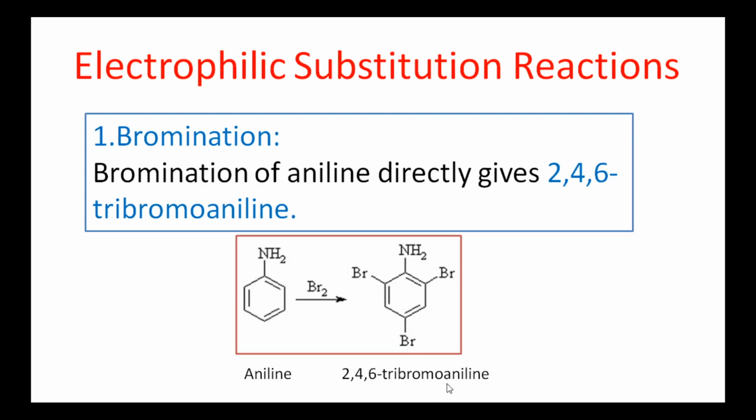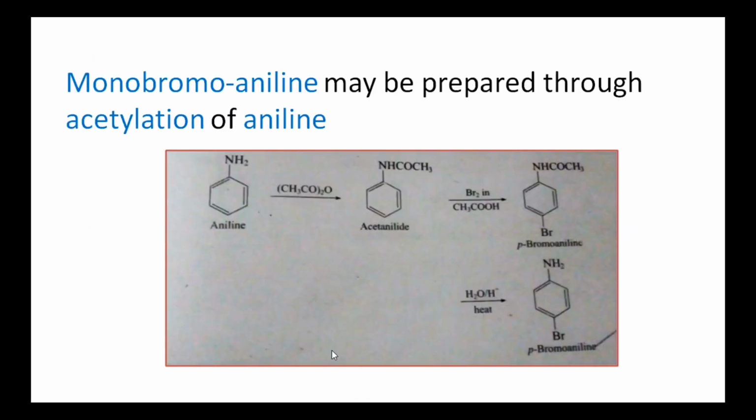2,4,6-tribromoaniline. So to stop the substitution of three positions, the amino group is first protected. The amino group is protected by treating with acetic anhydride or acetyl chloride. For this, aniline is treated with acetic anhydride or acetyl chloride.